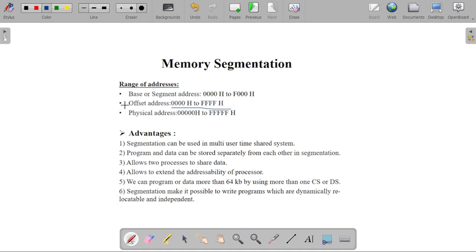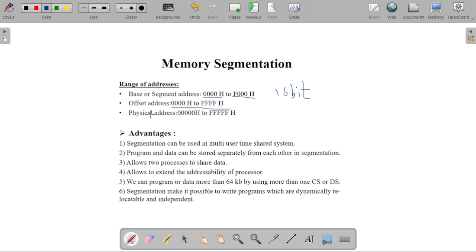So these are the ranges of addresses given. For the base or segment address, the range starts from 000H to F00H. These are 16-bit addresses. And the next one is the offset address. The size of the offset address is also 16 bit, and the address starts from 000H to FFFH.